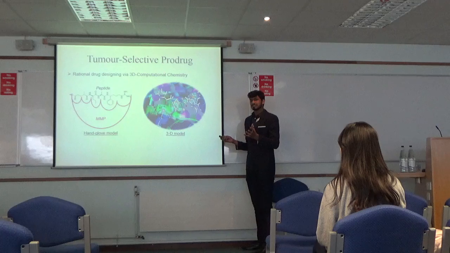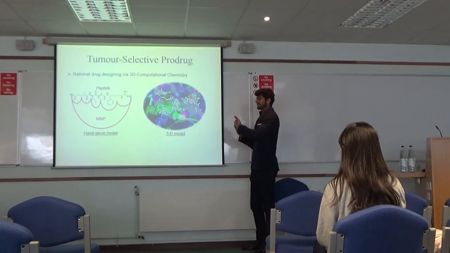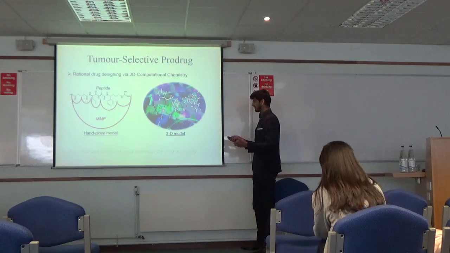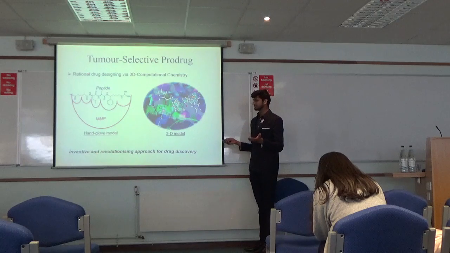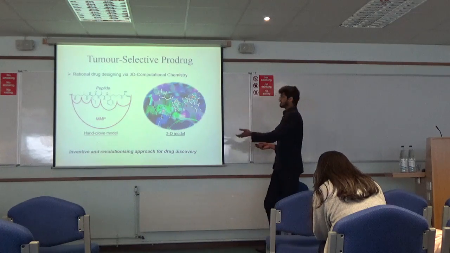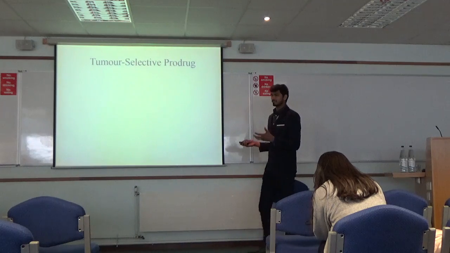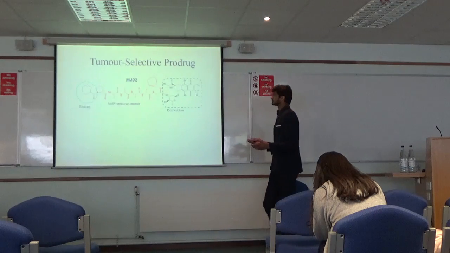That's rational drug designing, because you have a chemical sitting into the glove selectively, and that's a very good chemical. And that's an inventive and revolutionizing approach for drug discovery. So I've utilized this 3D computational chemistry for developing tumor-selective prodrugs.